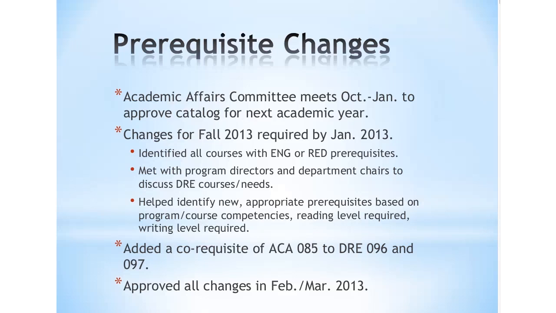I would go with my little road show and talk about the new DRE courses, what the competencies would be in those courses, and the reading levels, and then I would talk about what they needed with their courses and what reading levels. Sometimes we would even look at Lexile levels of the textbooks they would use. Basically, I tried to match what they needed in their students with the courses that we had.